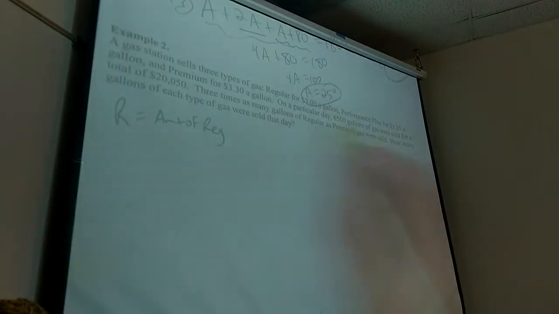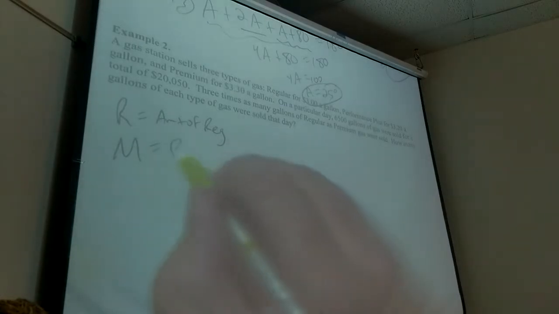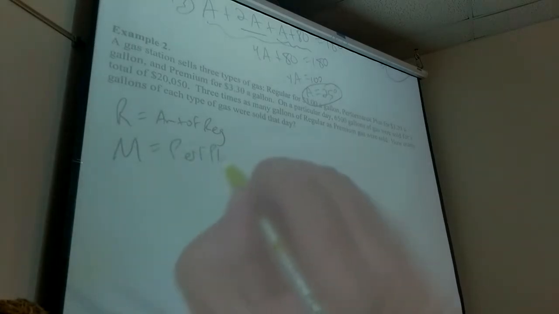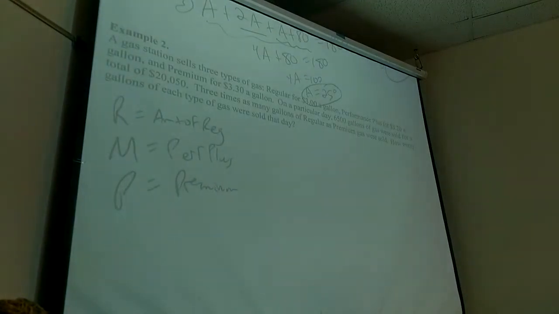Now these are both P's, but I'm going to use M for medium for mid-grade. Is that all right? M is performance plus. And P is premium. Okay? You could use X, Y, Z, A, B, C. I try to use letters that relate to what they are.